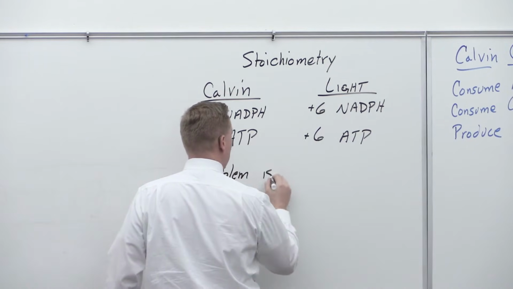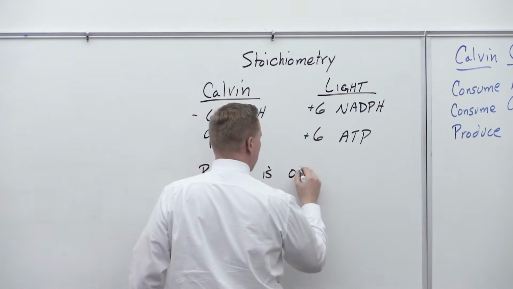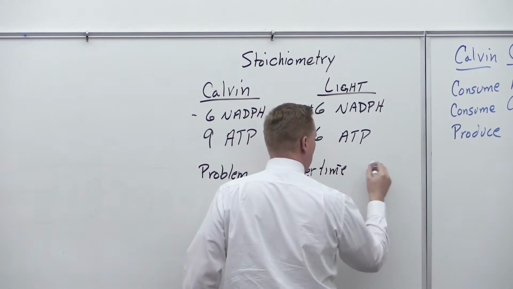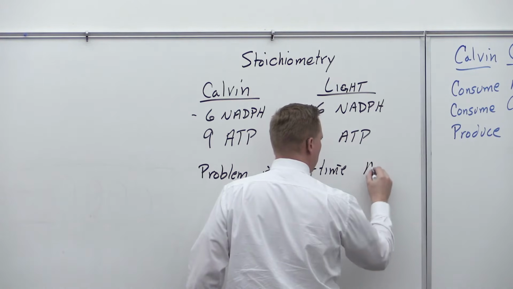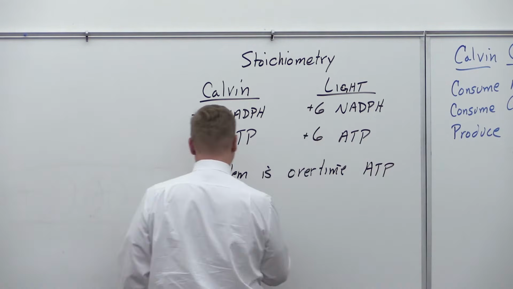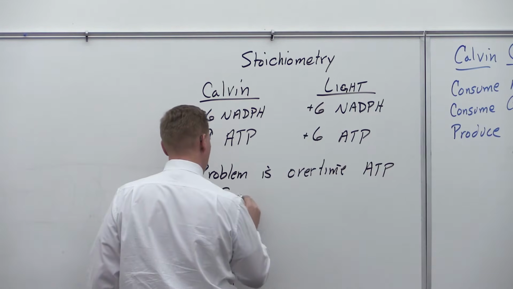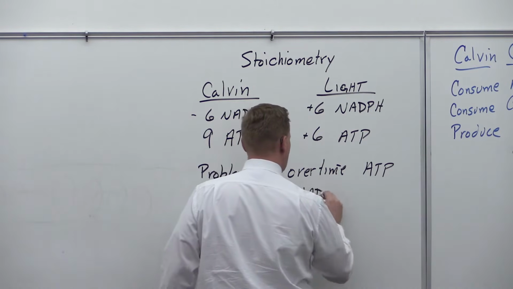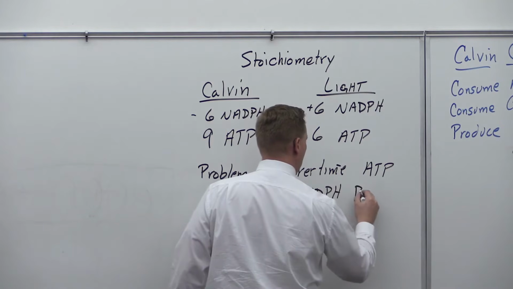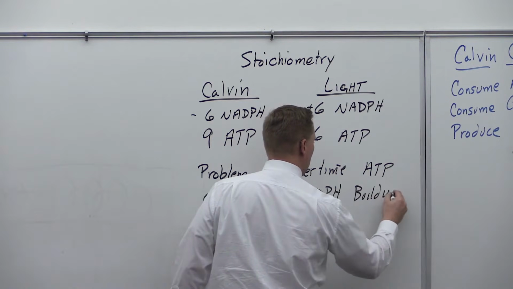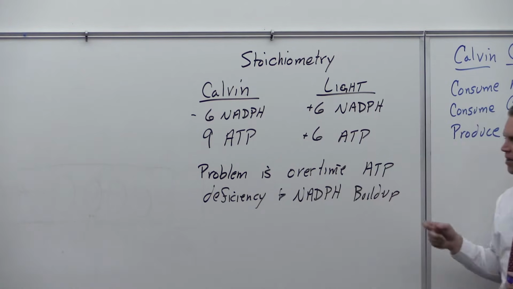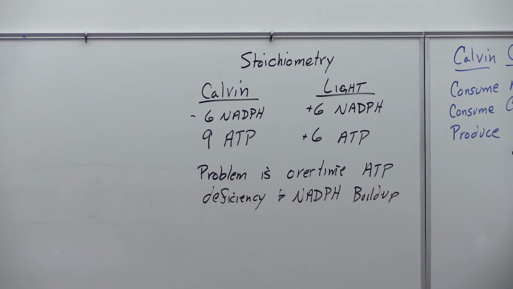The problem is, over time, you have an ATP deficiency and an NADPH buildup. So we've got too much NADPH, and we don't have enough ATP to keep the Calvin cycle running.